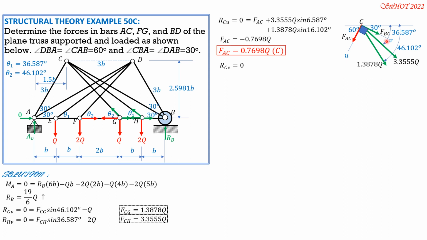So take note that F_BC has no component along U in the same manner that F_AC has no component along V. So it is equal to F_BC plus 3.355Q cosine of 6.587, this angle here, then plus 1.3878Q cosine of 16.102, the angle that this force makes with the V axis is 16.102, and it is cosine. So F_BC is negative 4.6666Q. Then we proceed to joint B.